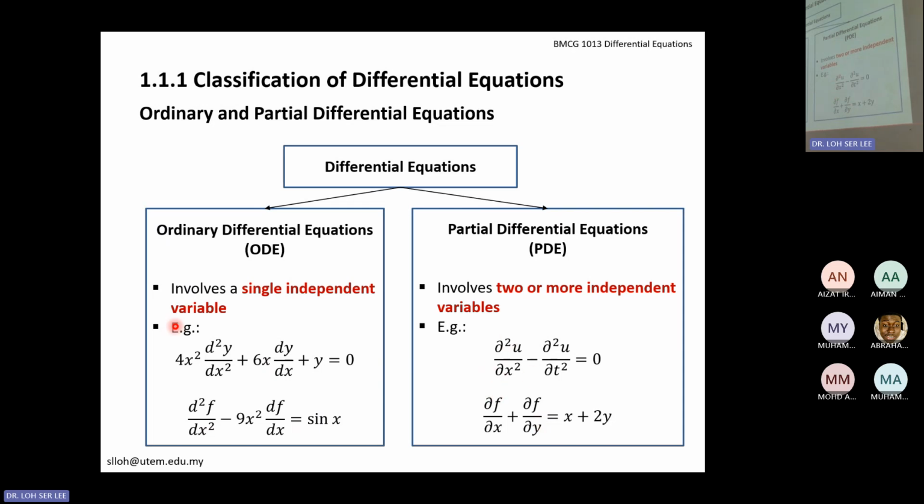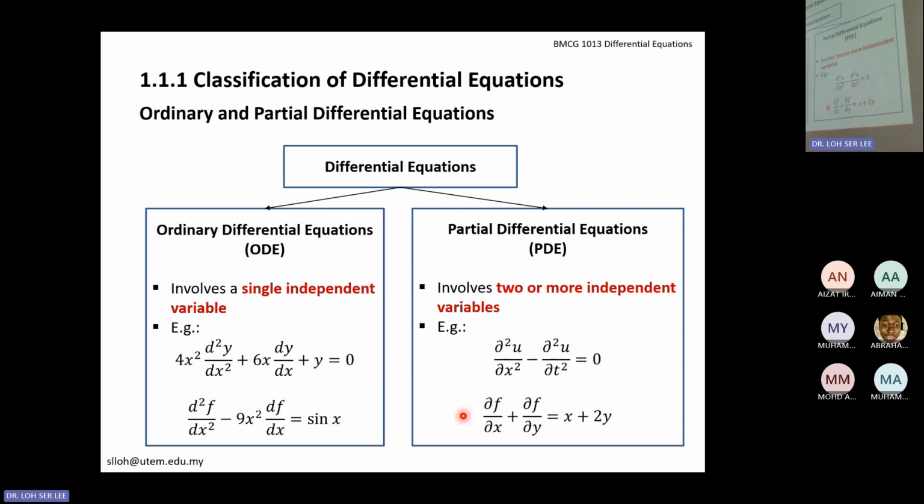When we denote the ODE and PDE, we use different notation. For ODE, we use D. But for PDE, we use delta. This is not D, but delta.